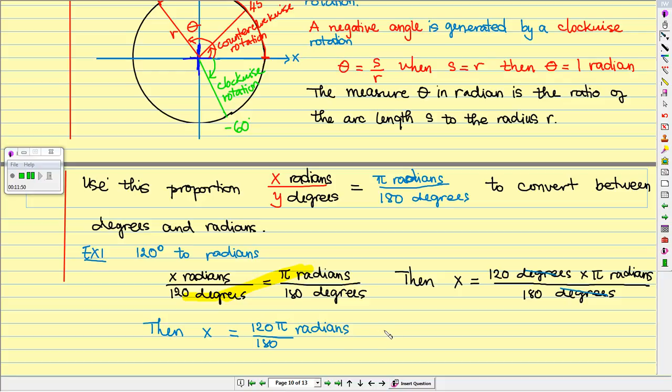The unit is radians. And of course we can continue to simplify. The 0 is gone. Now 12 divided by 18, we can divide both by 6. 12 divided by 6 gives me 2, and 18 divided by 6 gives me 3. And pi stays. So now the answer will be 2 pi over 3 radians.